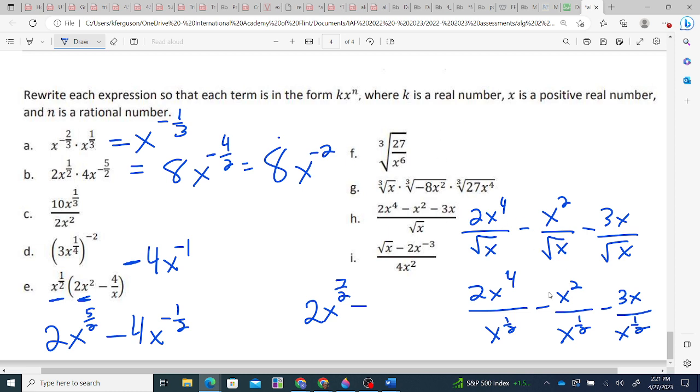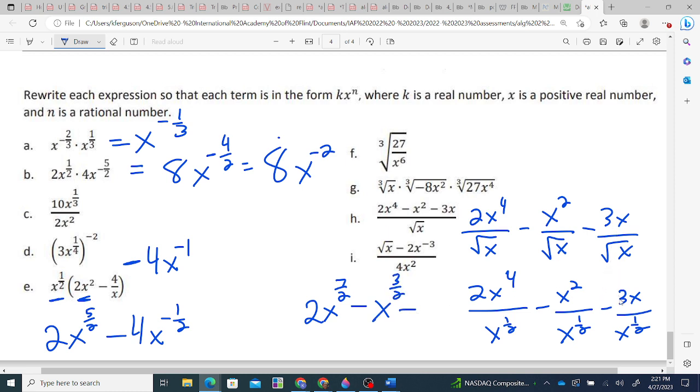Okay, so then the next one, I've got x to the 2nd power divided by x to the 1/2 power. What do I get there? So I got x to the 3/2 power.